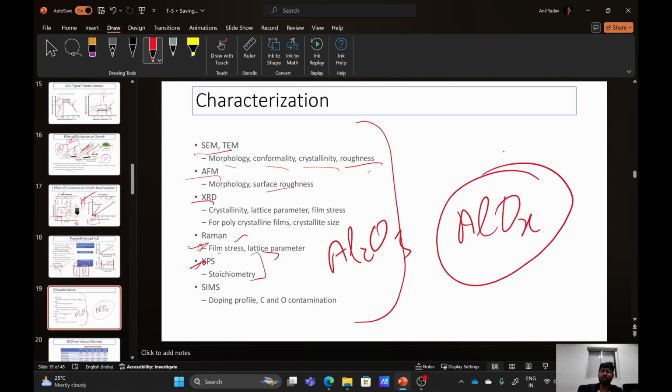So you can check the stoichiometry through XPS, which is required for good quality Al2O3 films. Okay, and secondary ion mass spectroscopy, SIMS, for the doping profile and for the contaminations.